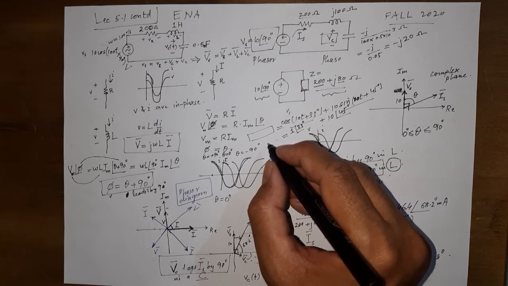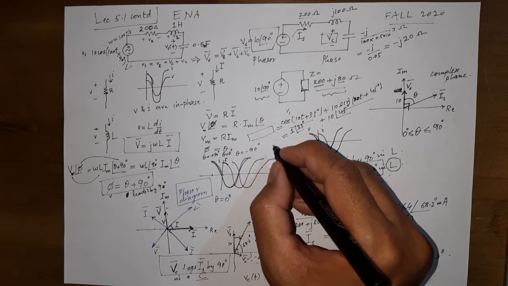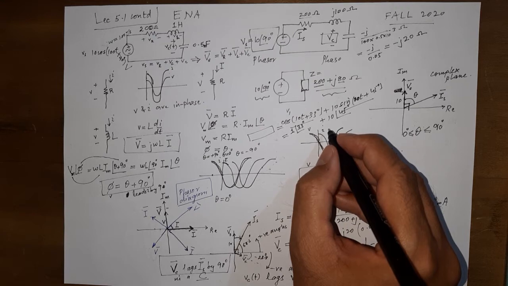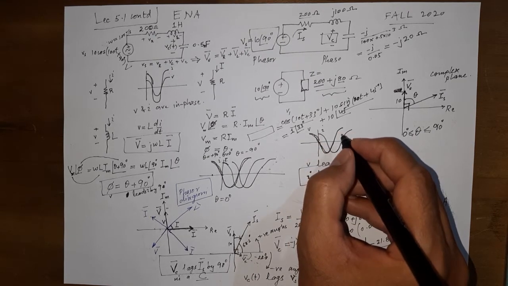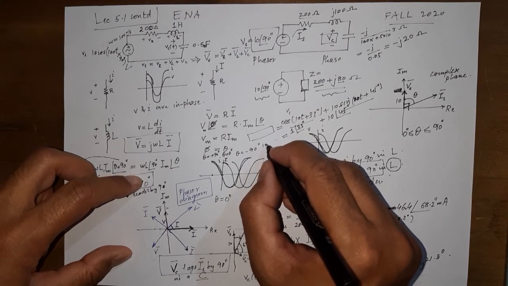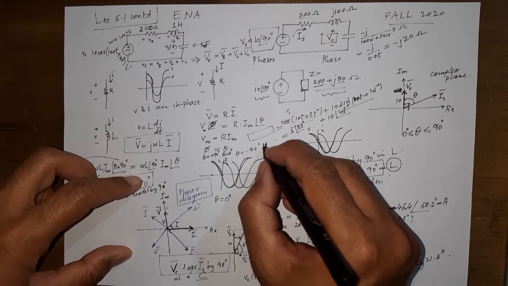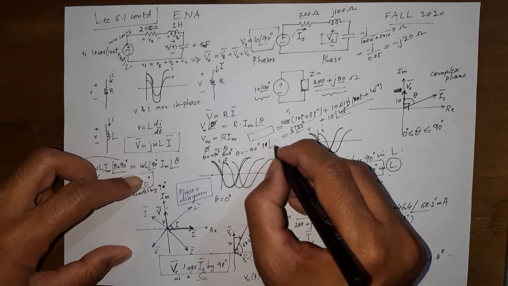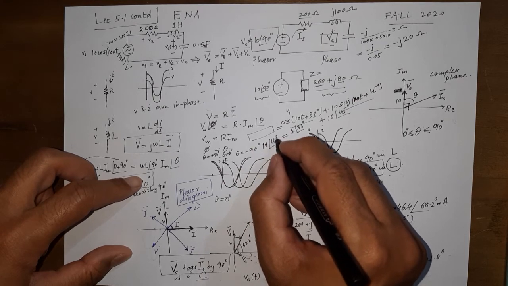It is 1 angle 33 plus 10 angle 45. I can write in polar form as well in my calculator. We got almost 11 angle 44 degrees.